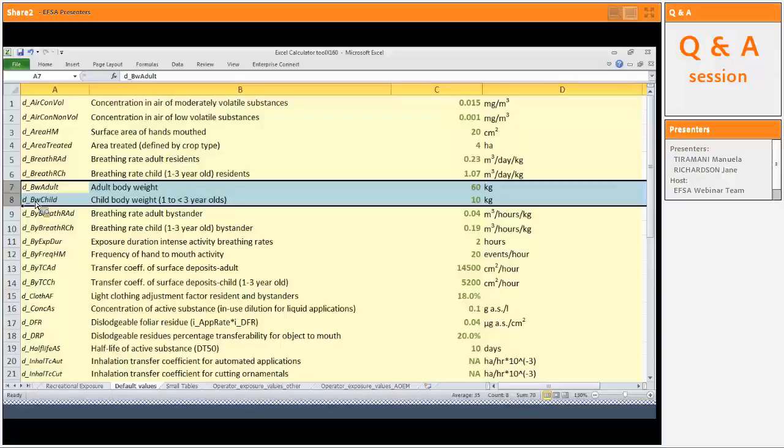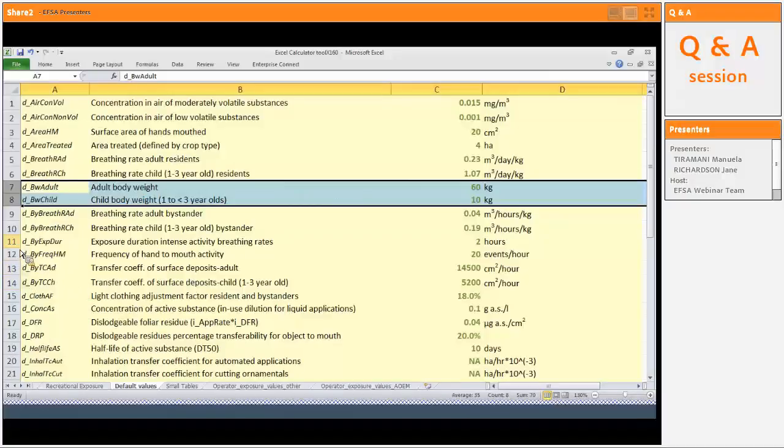I guess also a goal of the guidance document was to achieve harmonization for non-dietary exposure in Europe. And therefore having, for example, default values for the adult and the child body weight and some of the other values that we collect.